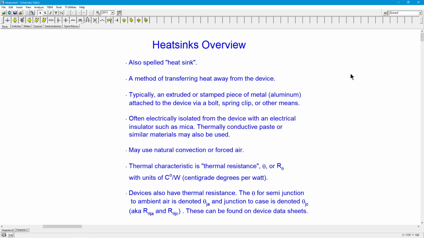So do you want this big chunk of metal to be electrically live? Well, probably not. So you're going to need some kind of electrical insulator in there that will still allow heat to pass through. A typical thing would be a very thin little sheet of mica.